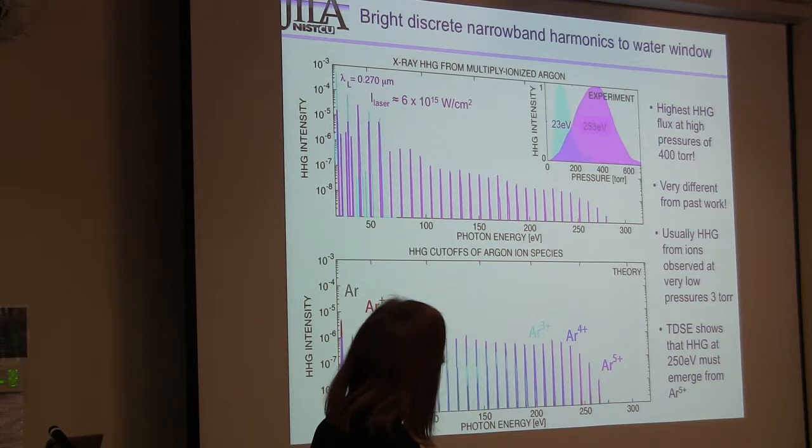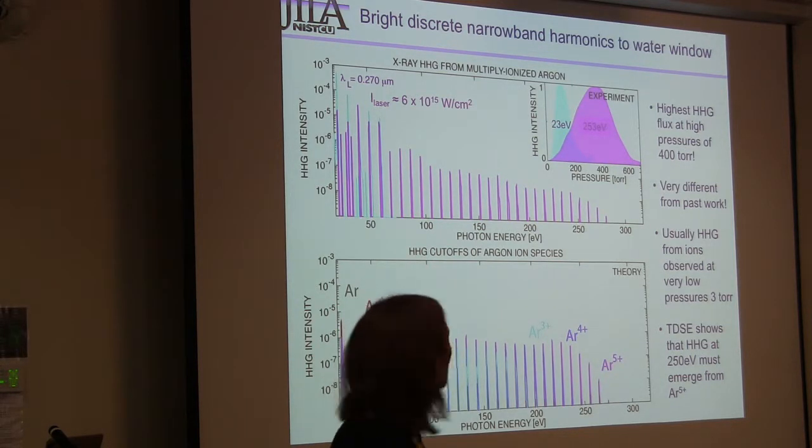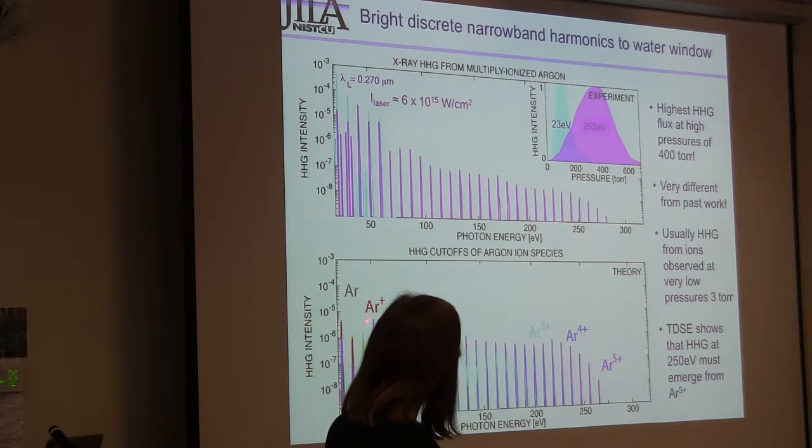And our colleagues in Salamanca, Luis Plaja's group, did this calculation where, because tunnel ionization and strong field ionization still applies, and it's very appropriate for UV driving lasers, they calculated what ionization stages must be present for us to be seeing emission from argon.